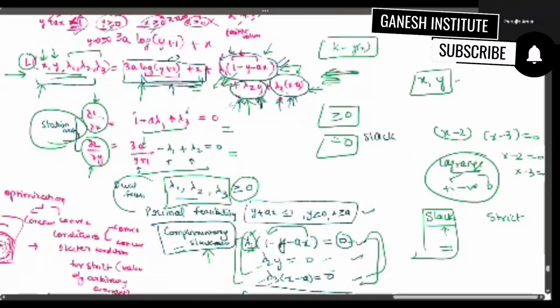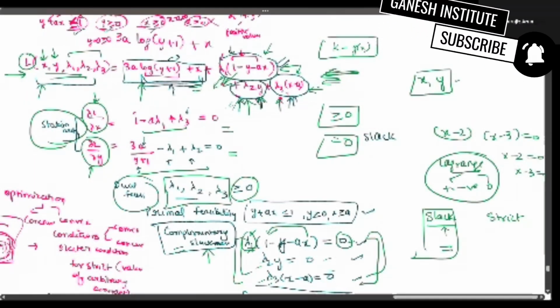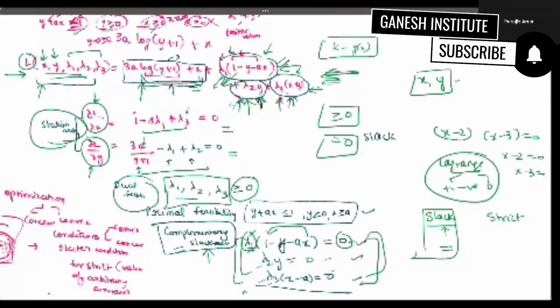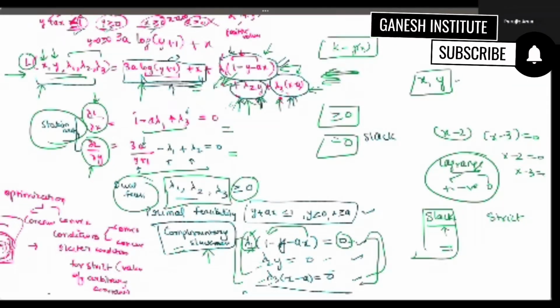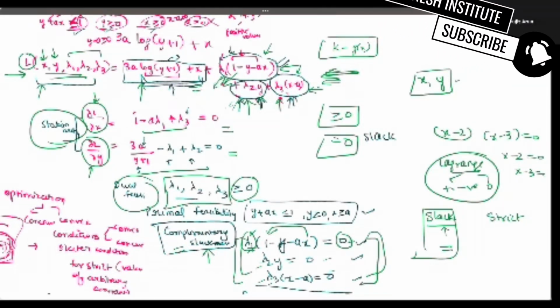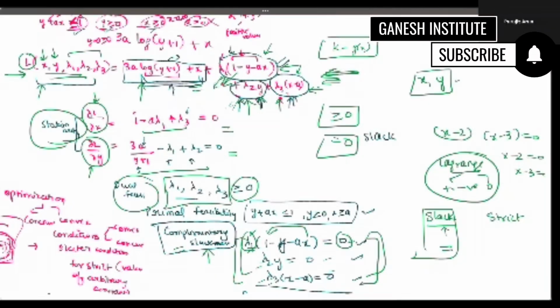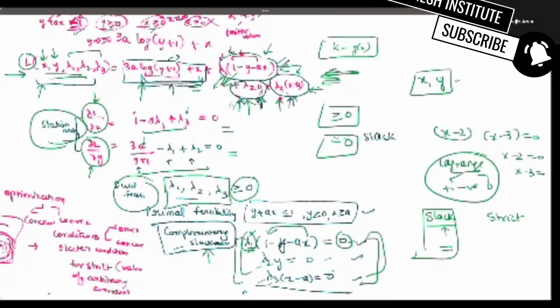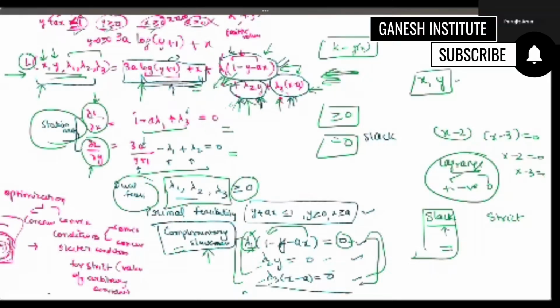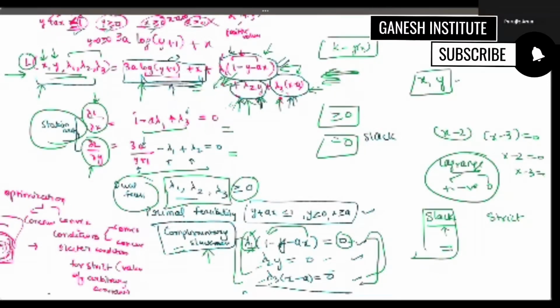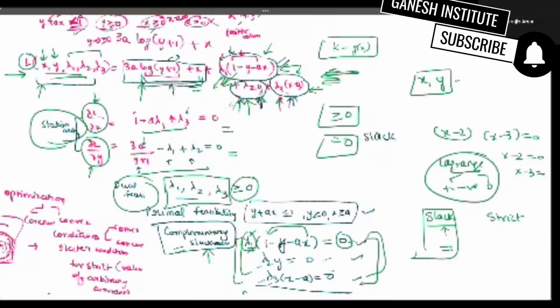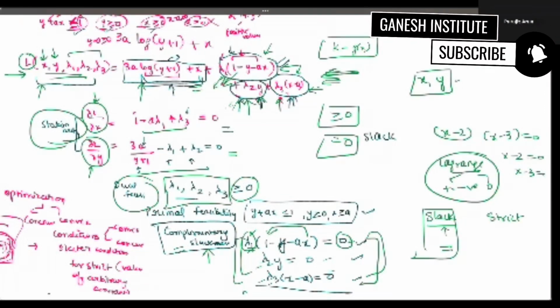Then you have dual feasibility. That means two possibilities, equal to and more than 0. So greater than or equal. Two things are there for your lambdas.